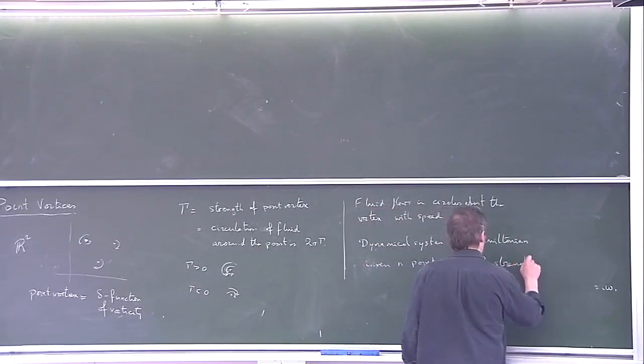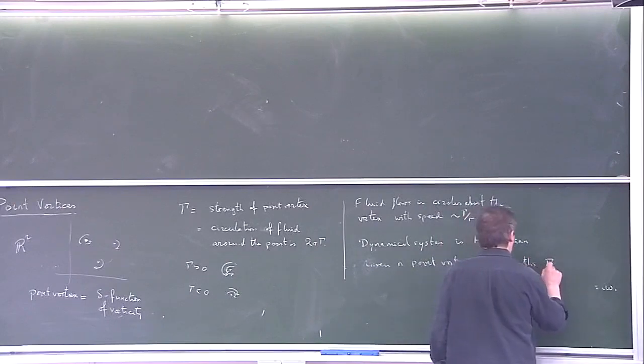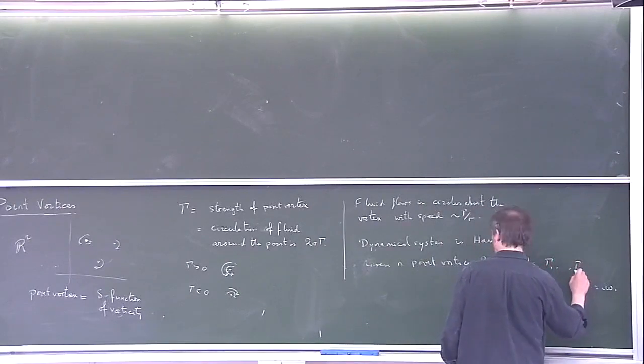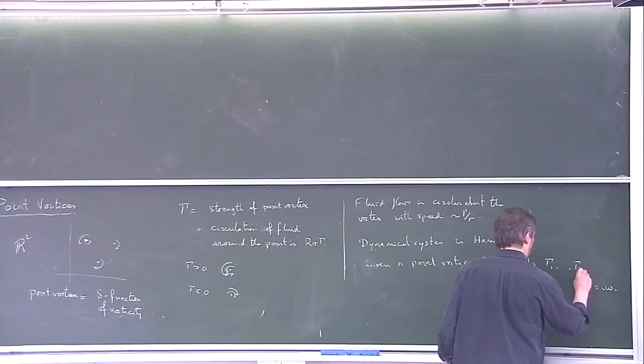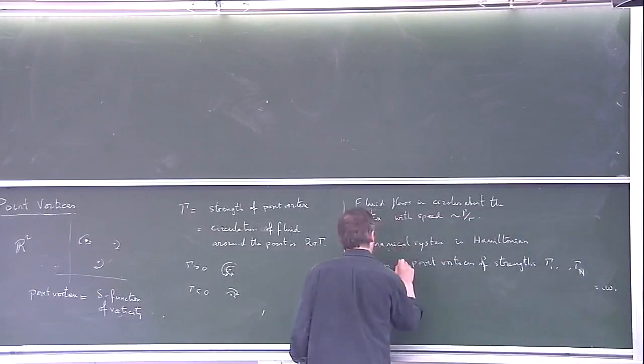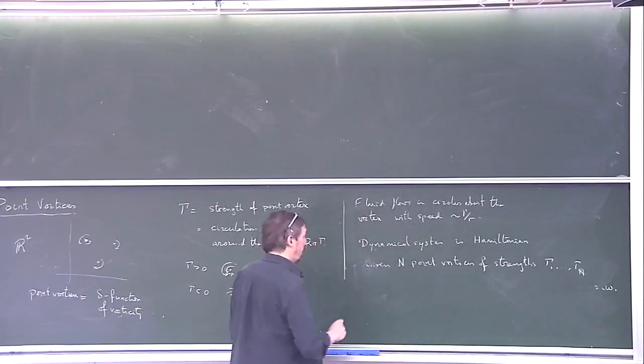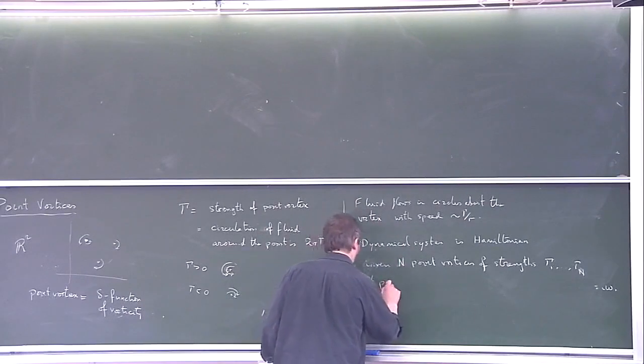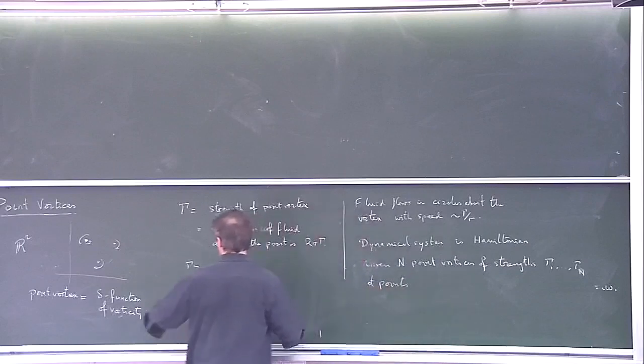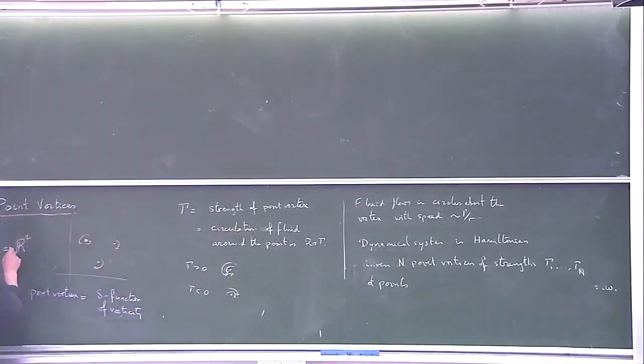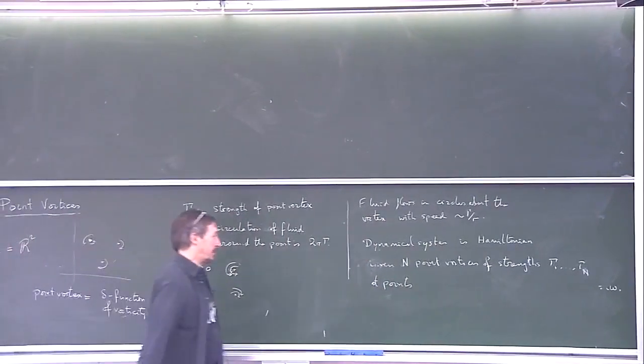So given capital N, this is in the plane R2, but it's convenient to use complex numbers.